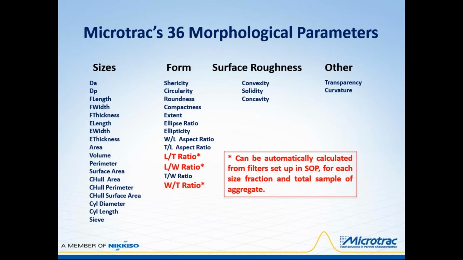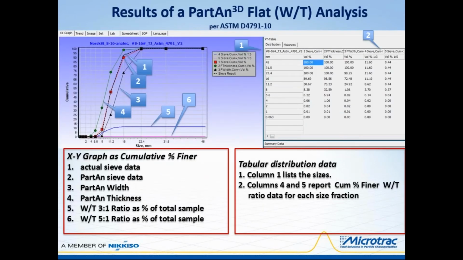This previous slide of reported parameters highlights in red the dimensional ratios which need to be calculated for the aggregates application to meet ASTM D4791 standards. Using sieve analysis and handheld gauges, this test currently takes hours to complete. Using the PartAn 3D, it can be finished in less than 10 minutes on a much larger, more representative sample of particles.